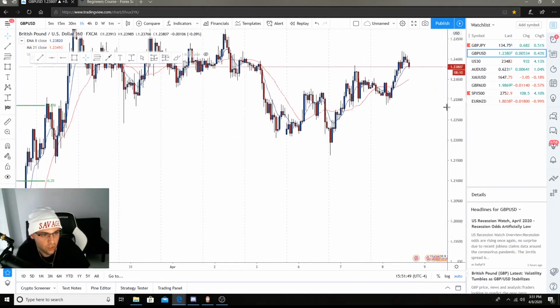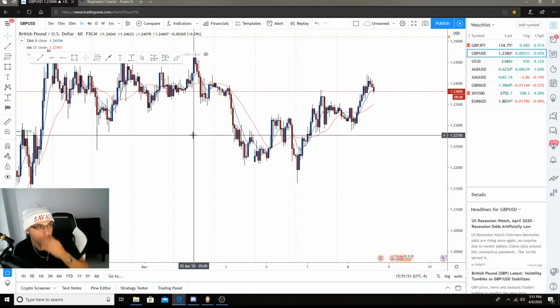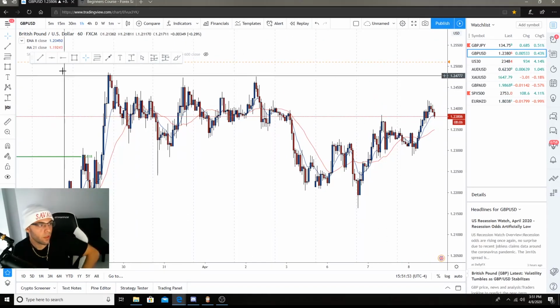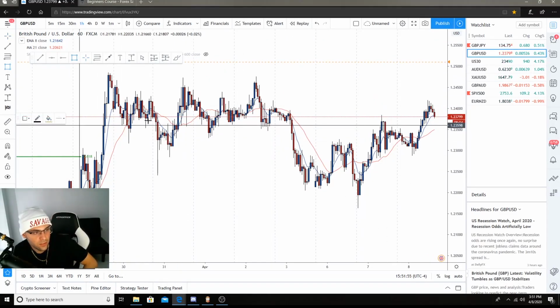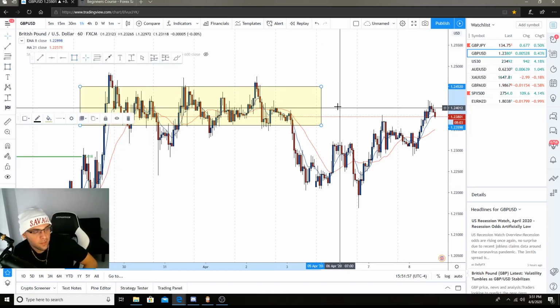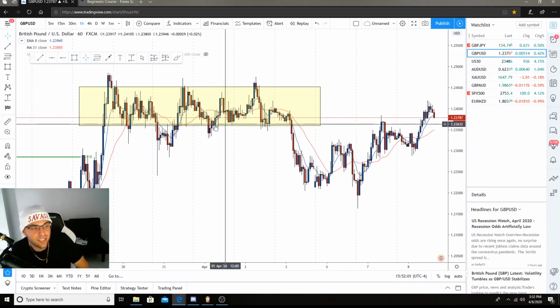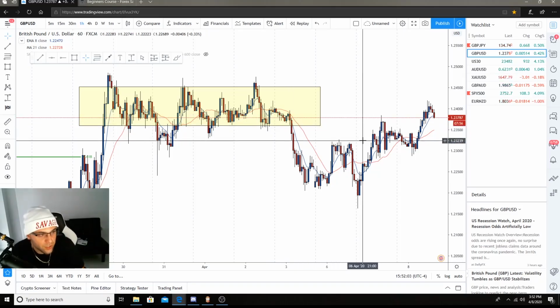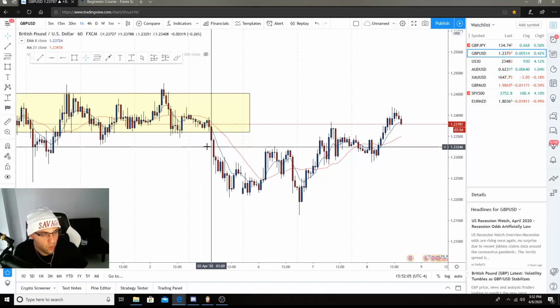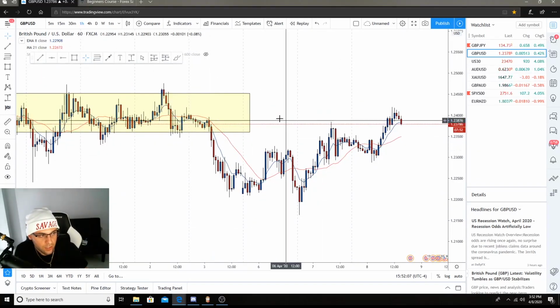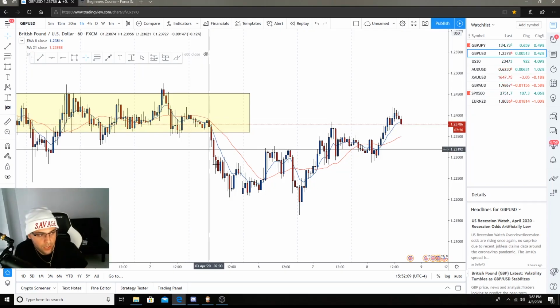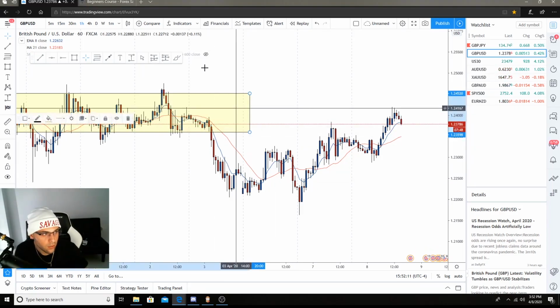Let's reset this chart. Now that I'm looking here, we have this little side channel. This is GBP USD, and it's just ranging. Now that we broke under this little side channel and we are creating new lower lows, look at this.